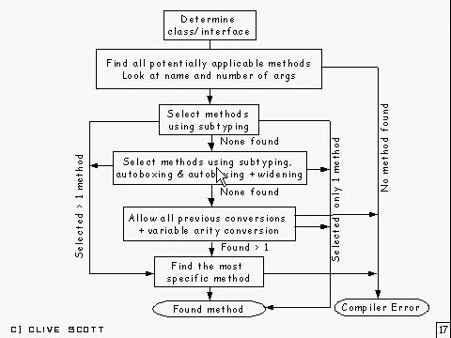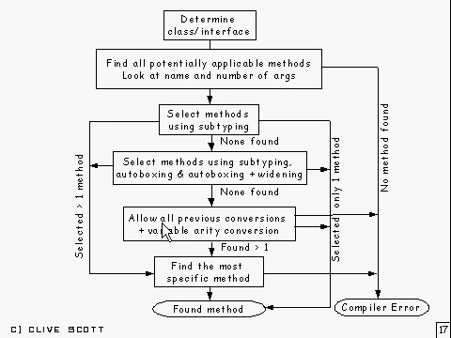This next phase uses method invocation conversion on the potentially applicable methods. So you do boxing, unboxing and widening and that sort of thing. And if you found more than one, of course you sort them out. If you found only one, then you're home and dry, and otherwise you go to the next phase.